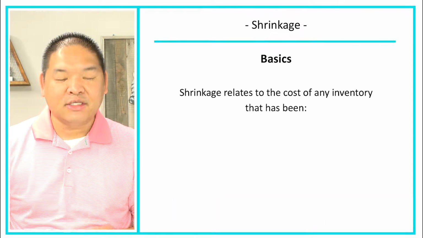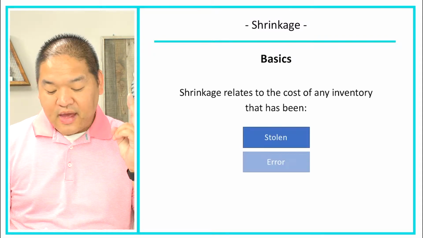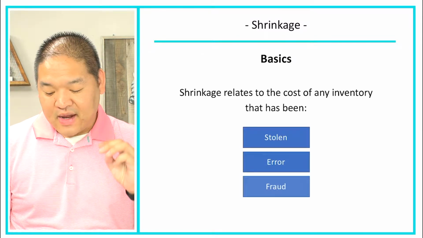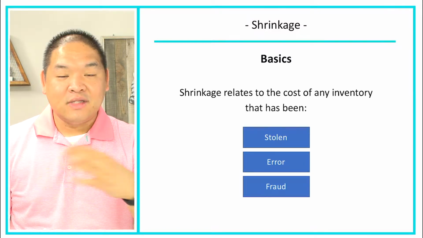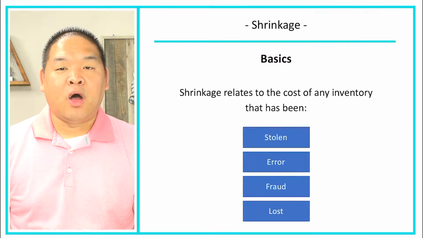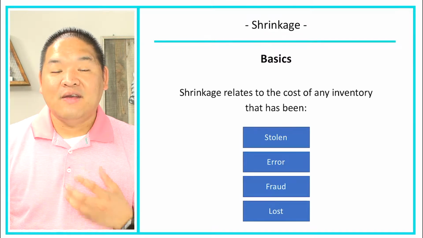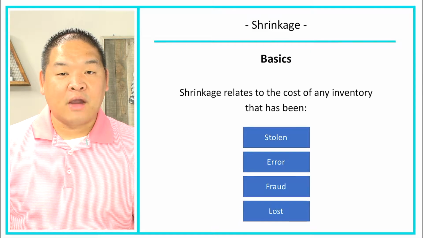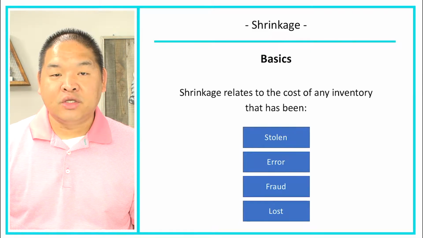So shrinkage relates to the cost of any inventory that has been stolen, that has been an error, that has been fraudulently taken, or has been lost. Another way of thinking about shrinkage is that it represents any inventory cost that can't be accounted for in either ending inventory or cost of goods sold.